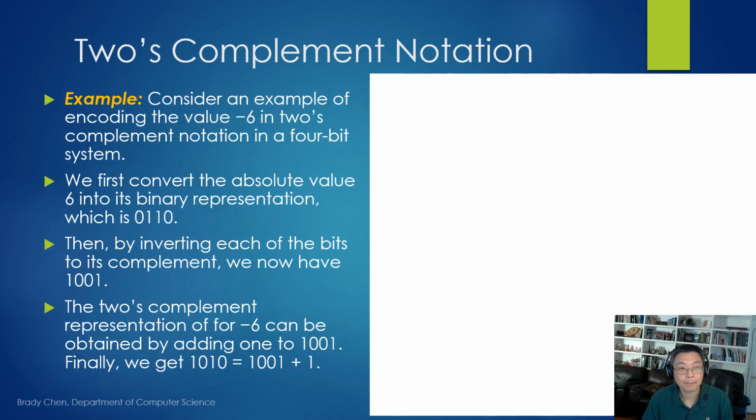Here's another example. Consider an example of encoding the value -6 in two's complement notation in a 4-bit system. Now, this is in a 4-bit system, okay?